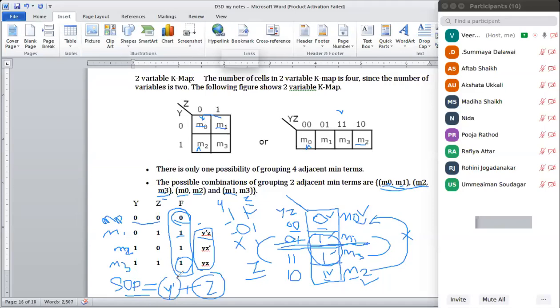If I make a combination of M2 and M0, then what I get is Z bar, Z is 0, 0.